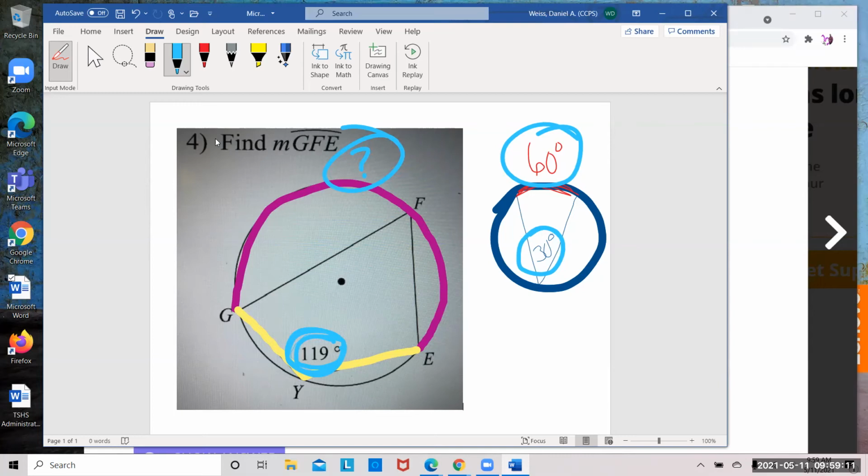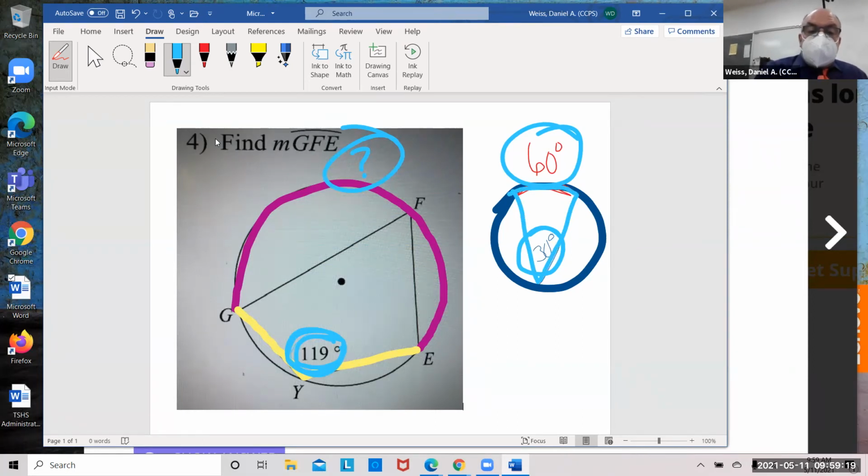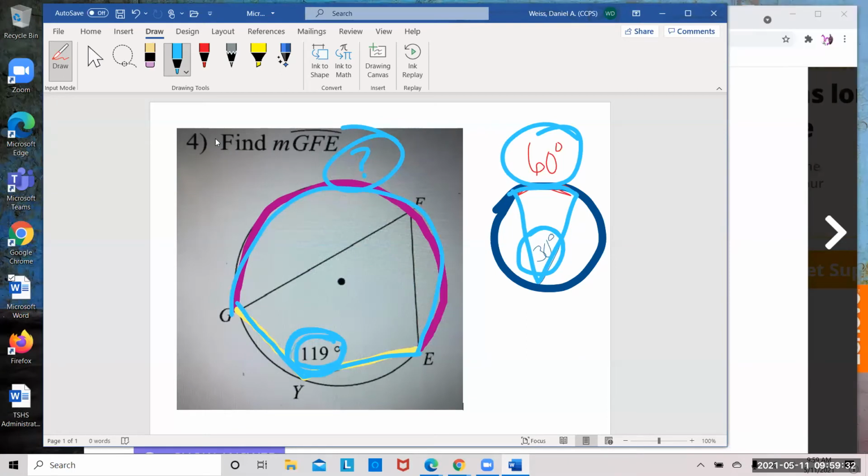Look, over here, here's the angle, here's the arc. Over here, here's the angle. Here's the arc. Same thing. It's the same exact problem, just a wider angle. Okay?